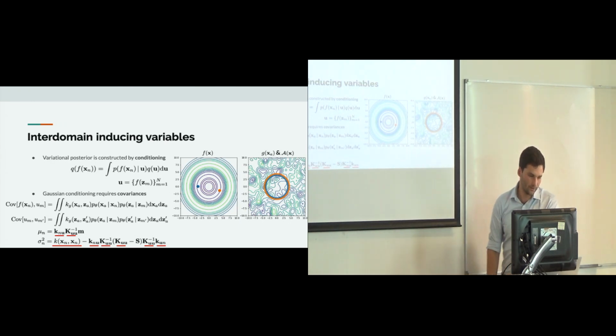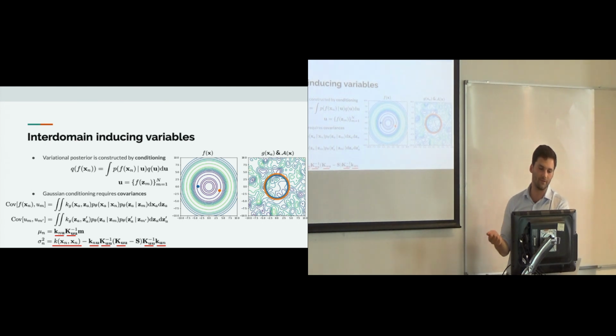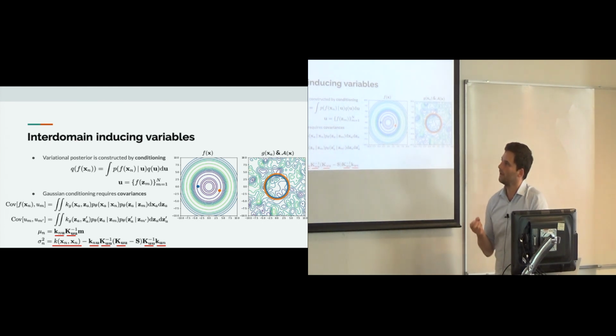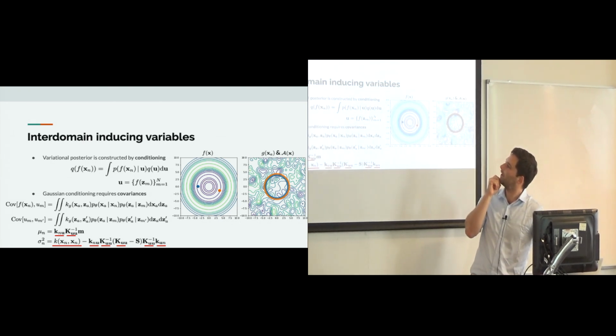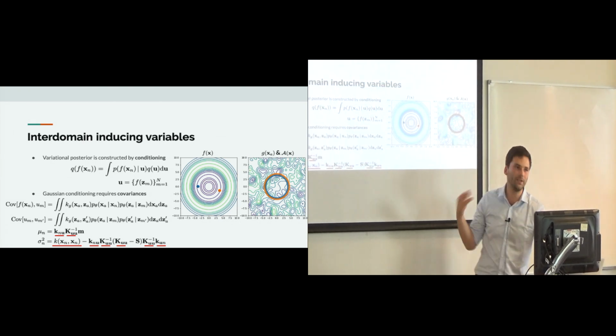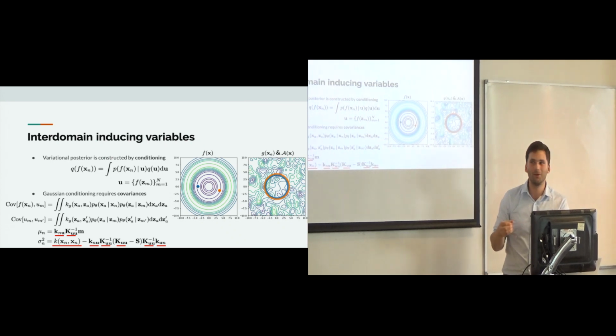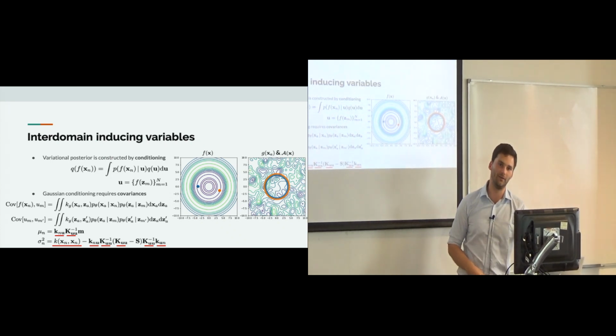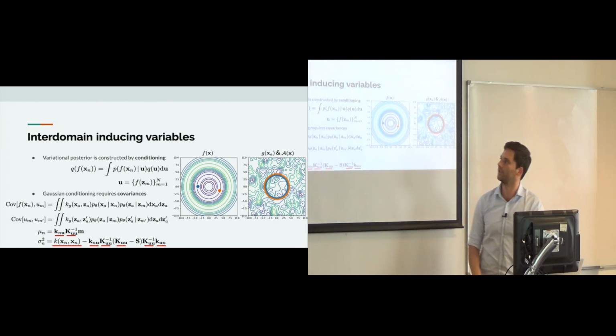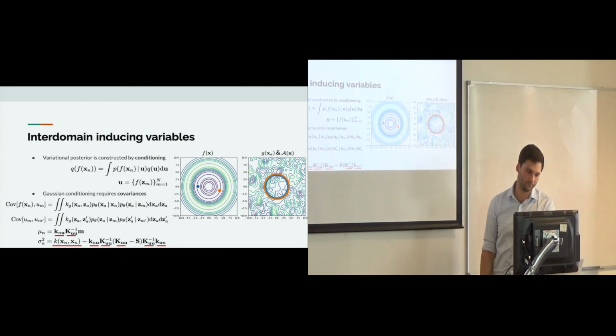Right. So the first part of the solution comes in the form of interdomain inducing variables. And essentially, in order to figure out what we need to change, we first need to look more closely at where the problem's coming from in the variational approach outlined above.